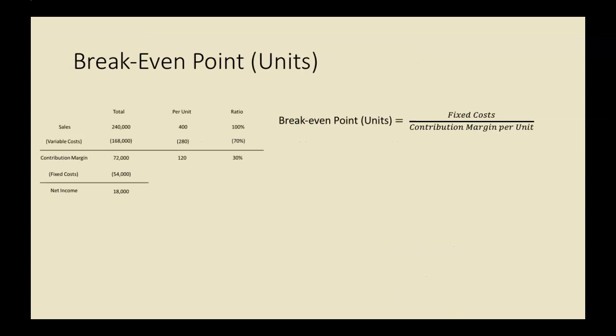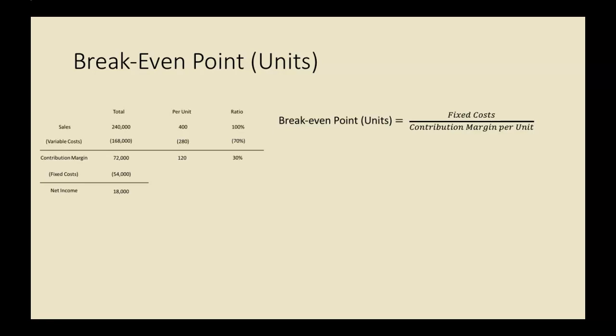Now we can use that CVP income statement to help us figure out these break-even points. Remember, the break-even point is the point of not making any money but not losing any money, right? You are breaking even. So, your break-even point in units. How many units do you need to sell to cover your costs?